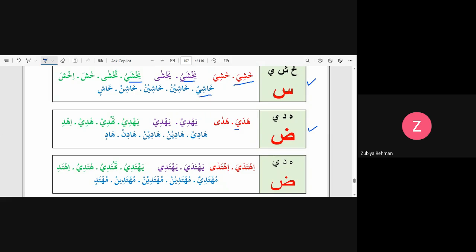From this yahdiyu we have the amr, tahdi, and for forming amr we have to drop the alamati muzari. You have to make a habit of bringing the original again and again, because if you don't do it, you will be a bad teacher in future. Now we are doing amr, and the original mudari is coming back: yahdiyu.